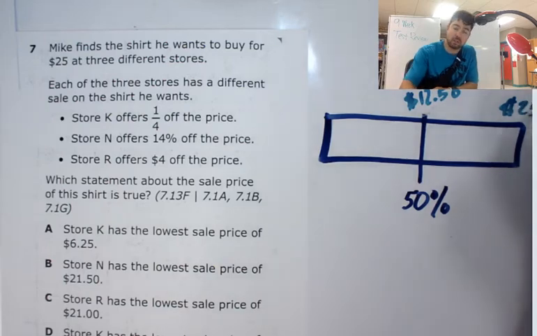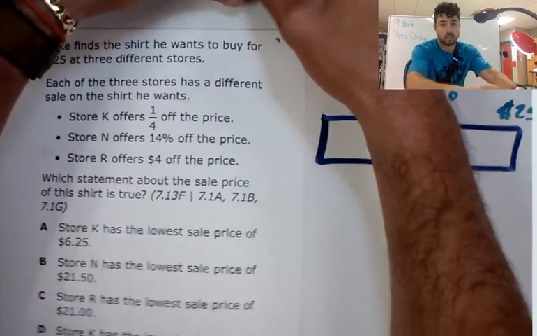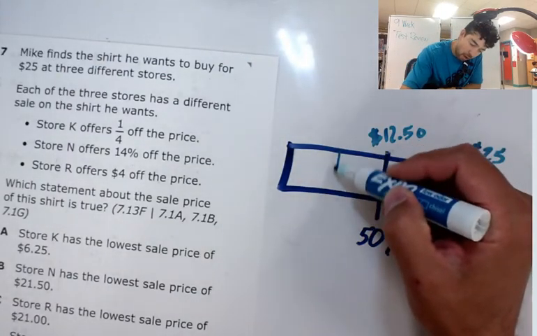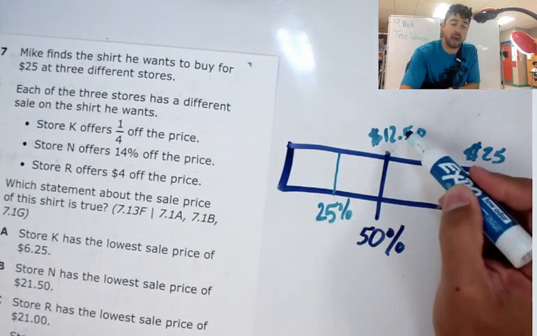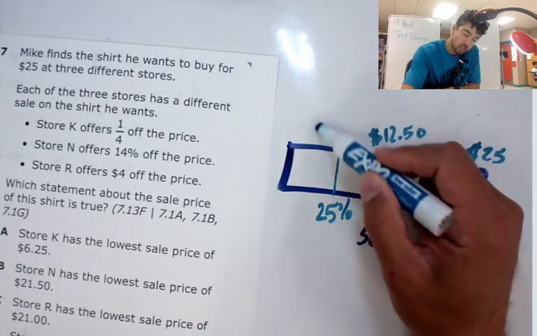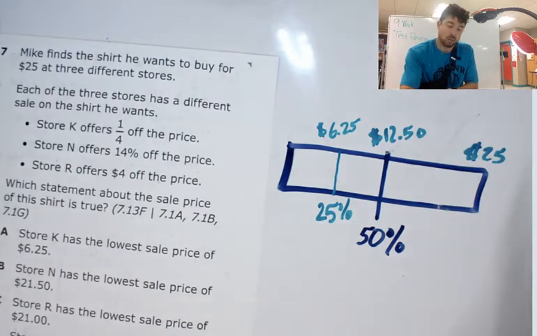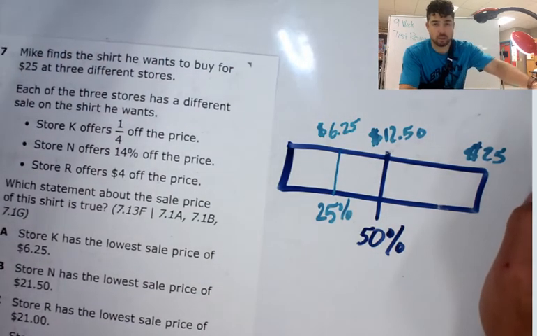We know that 50% of $25 is $12.50. Now, what would 25% be? Well, we know 25% would be half of $12.50. So half of $12.50 is $6.25. So we're going to go with that, and now we're going to actually do some math and then solve the problems.